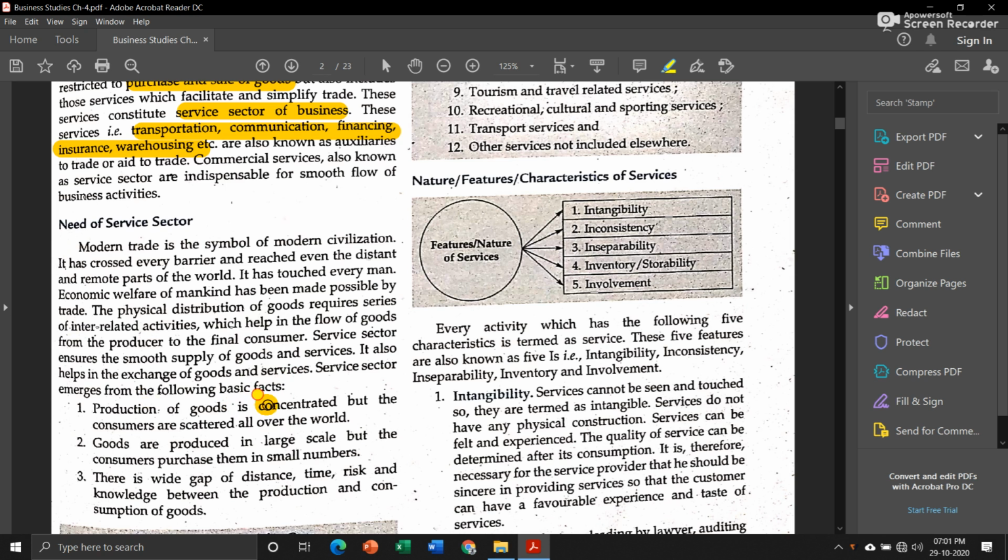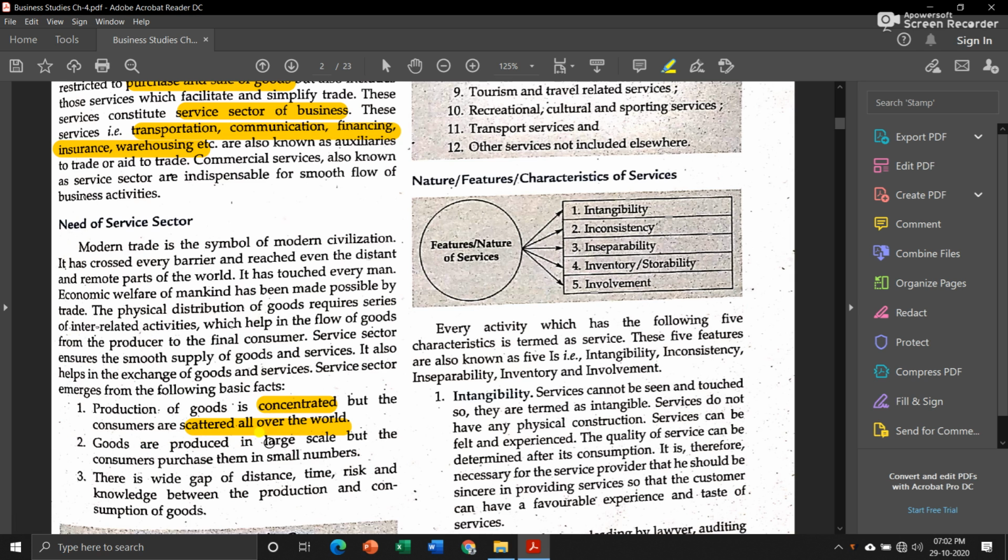Production of goods is concentrated, but consumers are scattered all over the world. Production takes place in certain particular areas, but people are spread all over the world. Even in the farthest corner of the world there will be people, but an industry will not be present there.